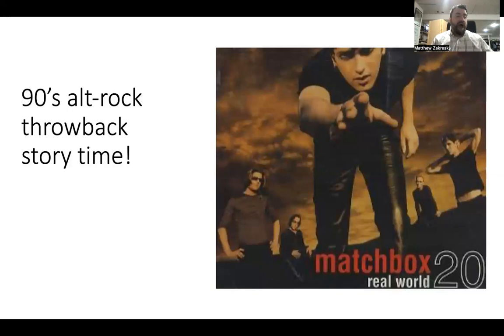So when I was at Gifted Kid Camp, they had us write a paper one summer about what we thought the meaning of a song was. Because it was the mid 90s and I was a white boy from the suburbs, I picked Matchbox 20 and I talked about the song Real World.